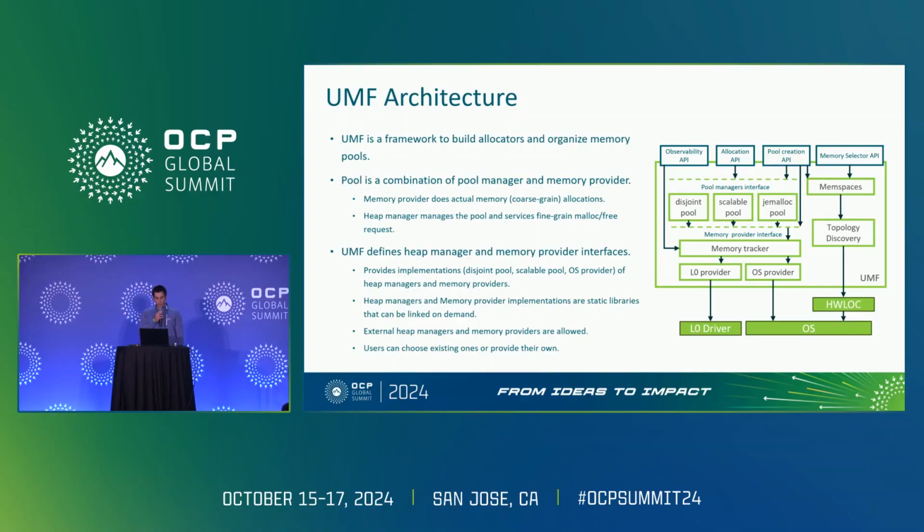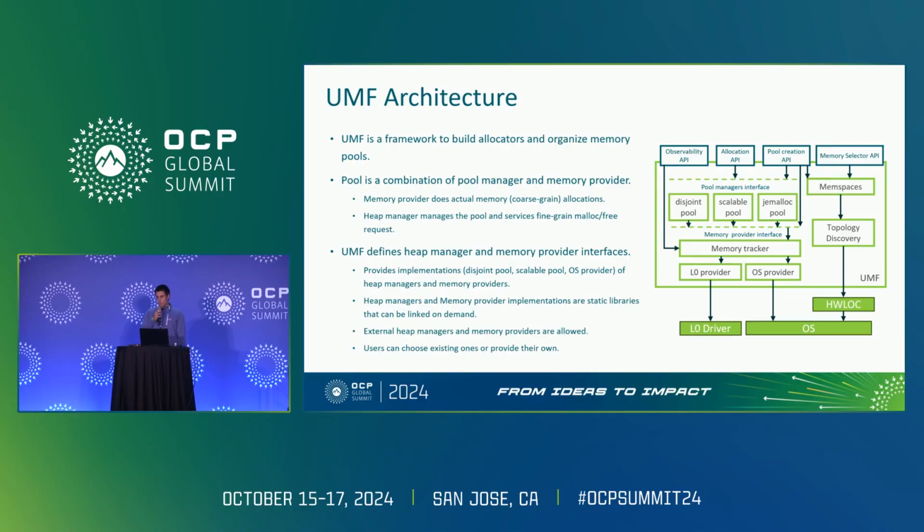Now, UMF defines interfaces for both memory providers and memory pools, but it also implements a few specific memory pools and memory providers. So we have implementation based on disjoint pool that is aimed at GPU memory mostly, a scalable pool that is based on TBB implementation, and jemalloc pool that is based on jemalloc.